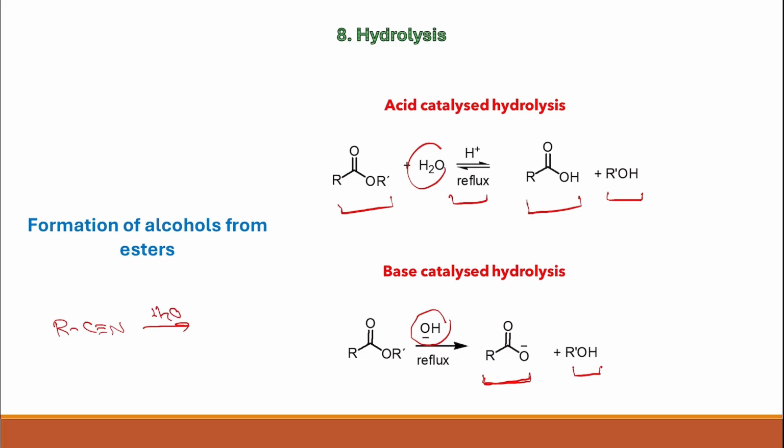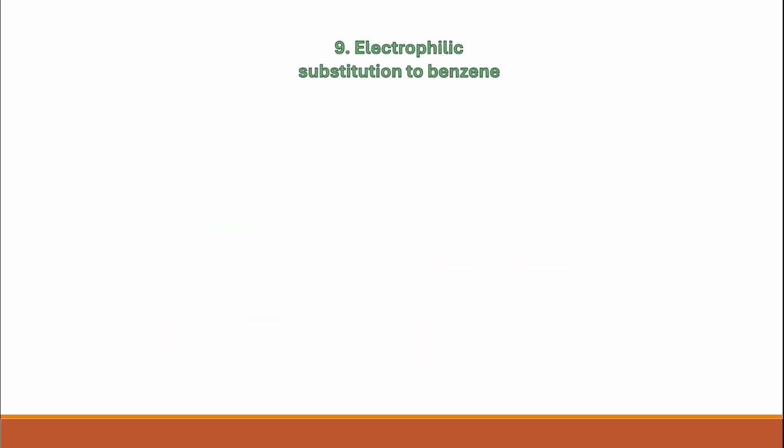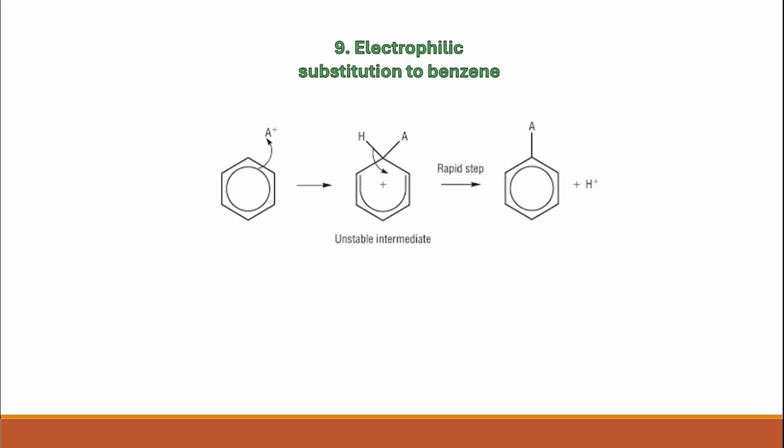Electrophilic substitution to benzene ring. So in electrophilic substitution, you're going to have an electrophile with a positive charge. The mechanism is typical here. So the electrons from the ring will go towards the electrophile, and then you're going to have this unstable intermediate where you need to draw the ring of the electron as an open ring with a positive charge around the carbon atom where the electrophile was added.